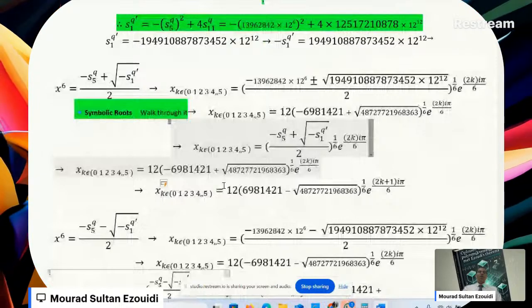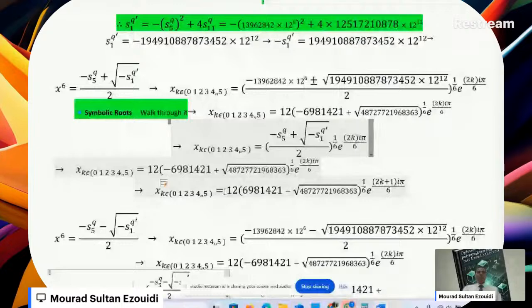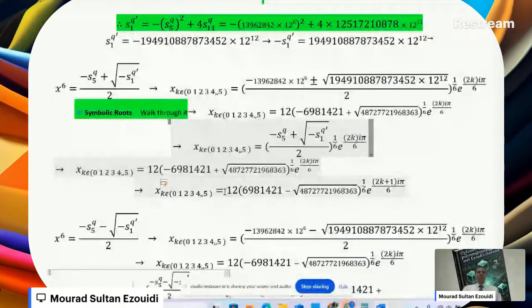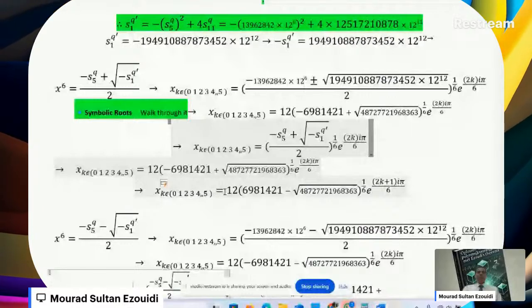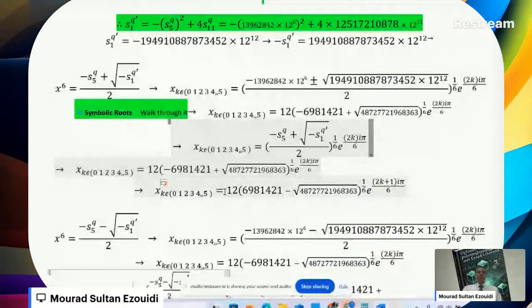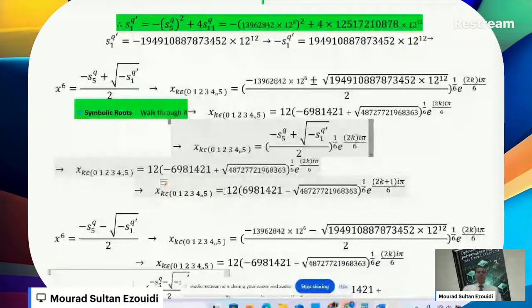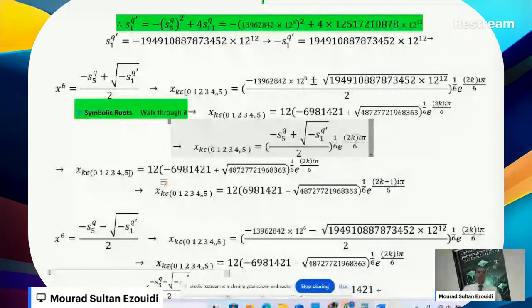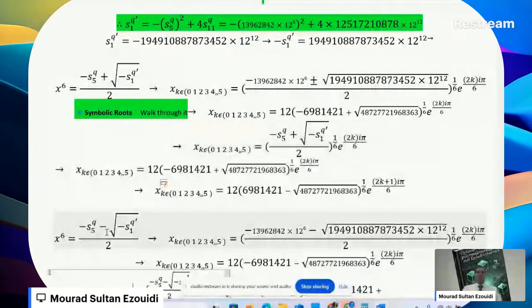Now, of course, don't forget about the 12 power 6 when the discriminant is negative. Because this has to be here plus, and this one has to be negative.